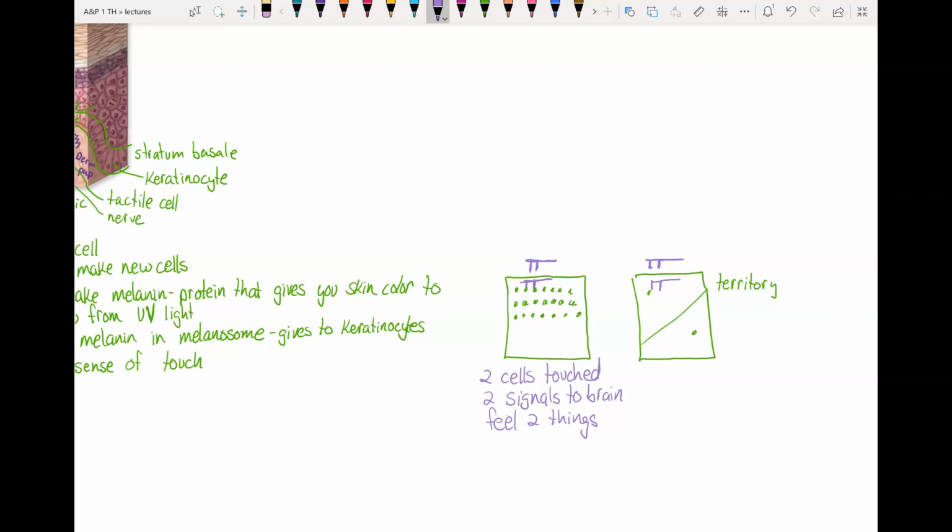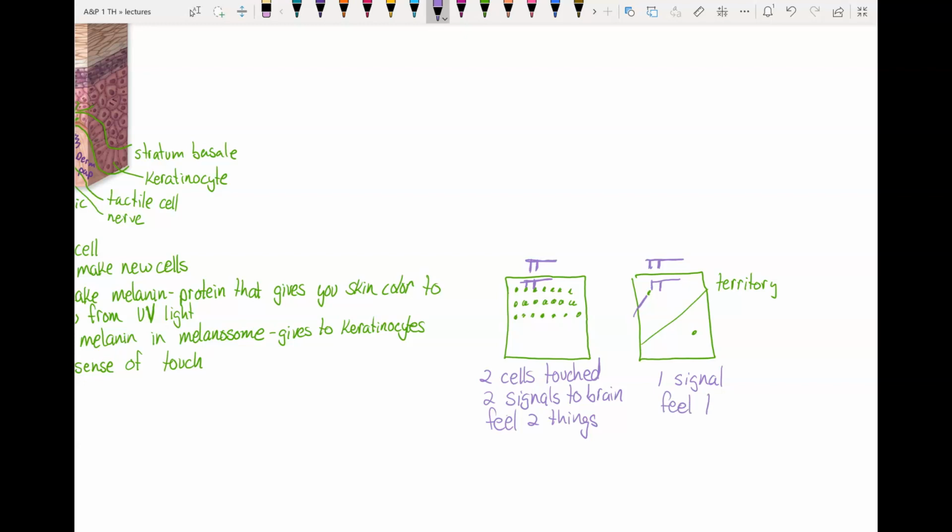Even though it's 2 separate points that touched you, they both touched in the same territory. Only this one is going to signal the brain. So your brain will get 1 signal. And even though it was 2 different things that touched you, you will only feel 1.